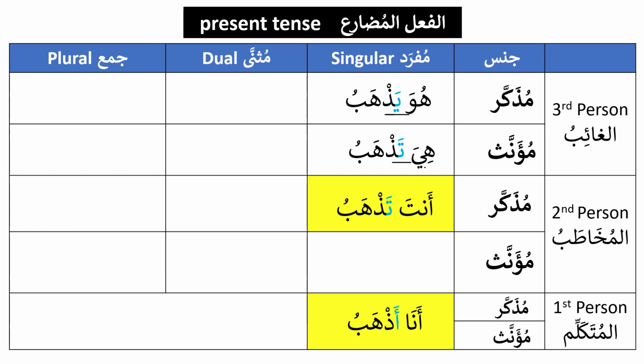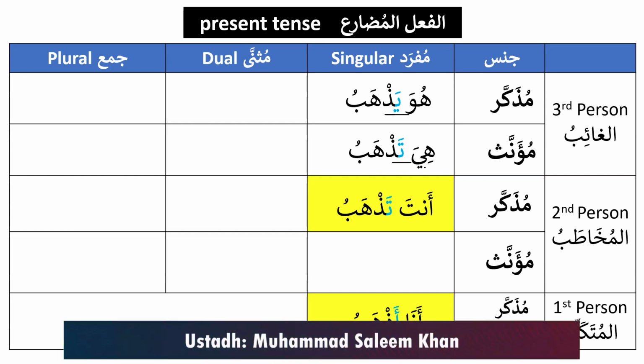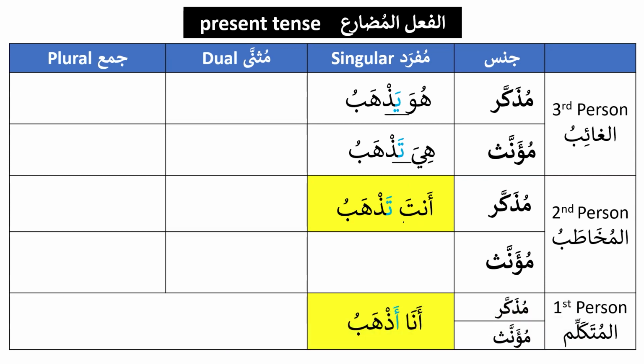Tadhhabu means she goes. And in today's lesson we will learn about you go. If you want to say you go to the second person singular, you will say anta tadhhabu. So here it also starts with ta and ends with dhamma, and here tadhhabu also starts with ta and ends with dhamma. How would you differentiate? Of course, it depends on who you are talking to.